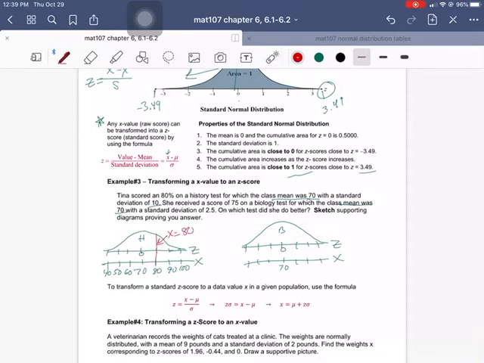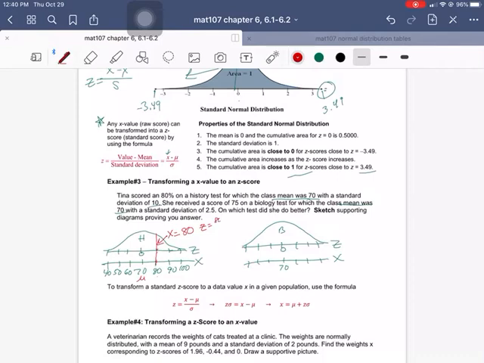So her individual value, or x, was 80. The mu for the class was 70. That means everybody in the class's grades, okay? An 80 corresponds to a 1 exactly on the scale.